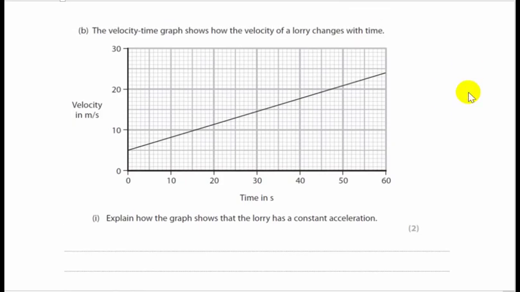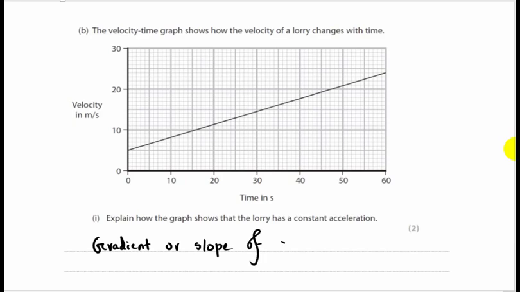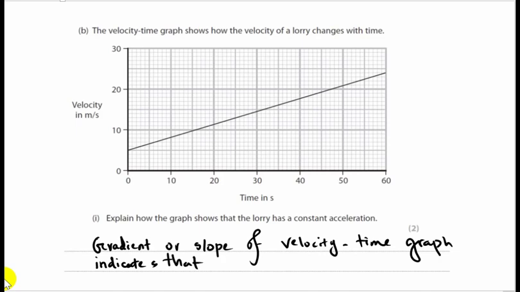Gradient, or slope, of the velocity time graph indicates that the lorry has a constant acceleration.